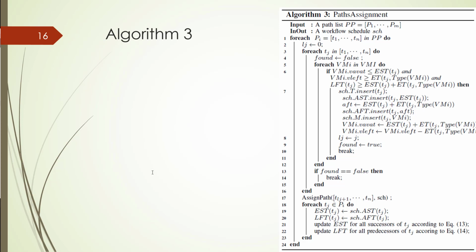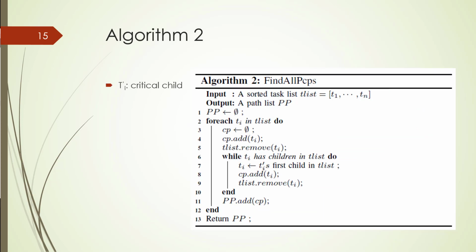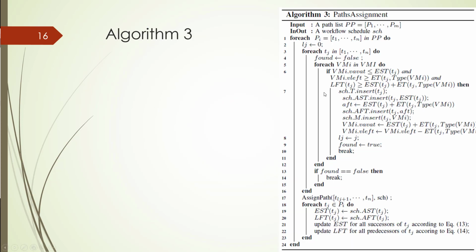And now we found a good virtual machine for our task. Now we can go to the other task. Then we break this loop, meaning the for each loop. Then we can go to the next loop. Again we will set found to false. At last, if found is equal to false after finishing the loop over the tasks, and we didn't find any virtual machine type, we will break.